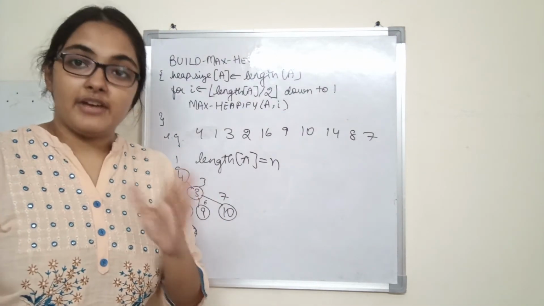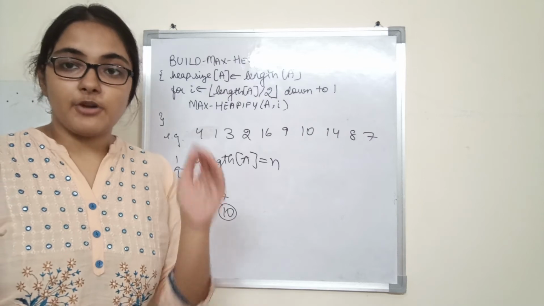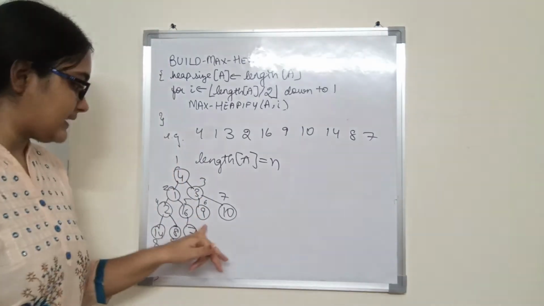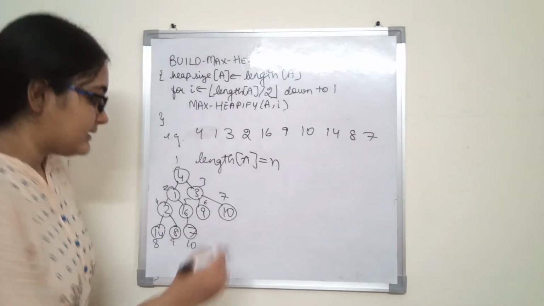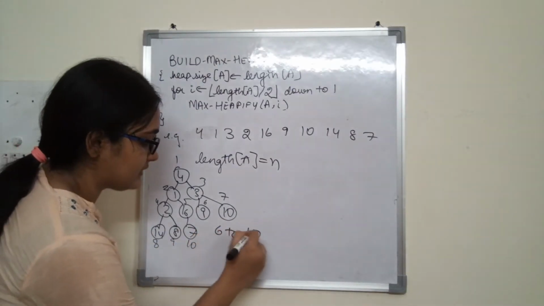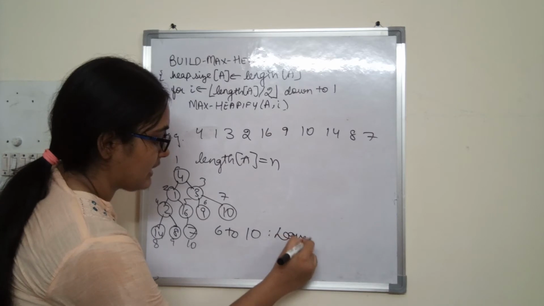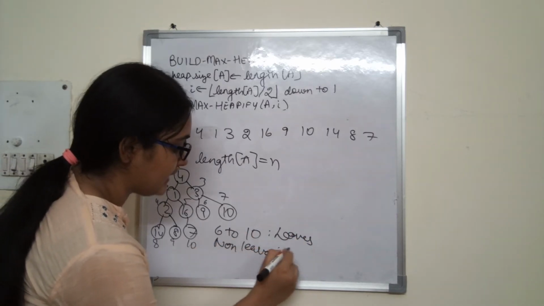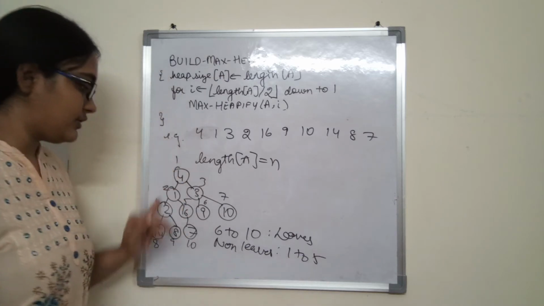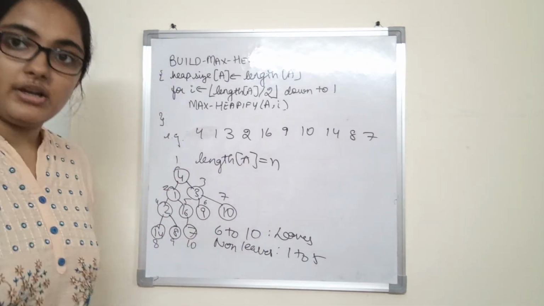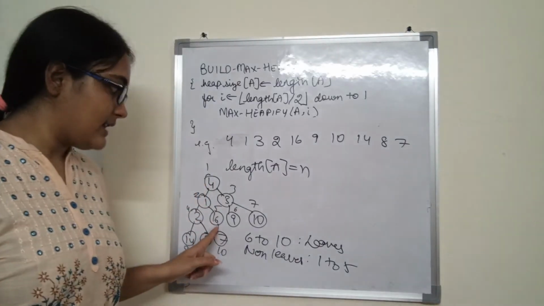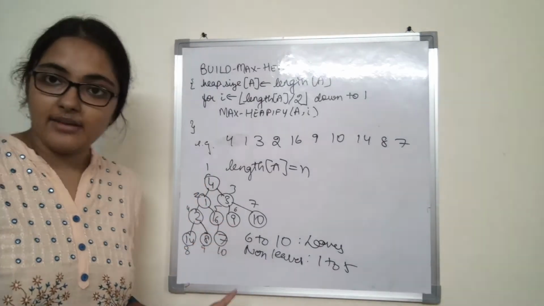Where will the leaves be from? Leaves will be from 10 by 2 plus 1 to 10, that is 6 to 10, that is 6, 7, 8, 9, 10 should be leaves, right? And non-leaves should be the remaining ones, that is 1 to 5. True? 1 to 5 are non-leaves and 6 to 10 are leaves.